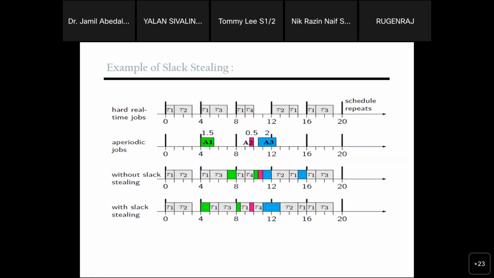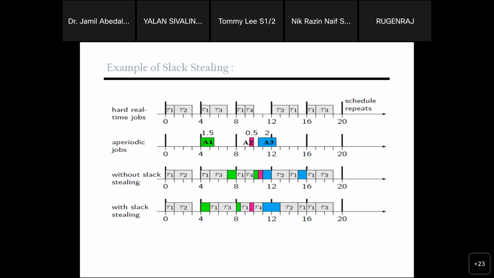Okay, this is also one more example showing the difference between the jobs. Here, hard real time, the normal should be executed like that. Aperiodic job given 4 to 5.5, 1.5. Here we should execute the aperiodic.